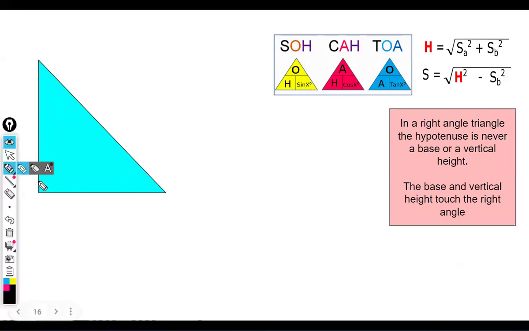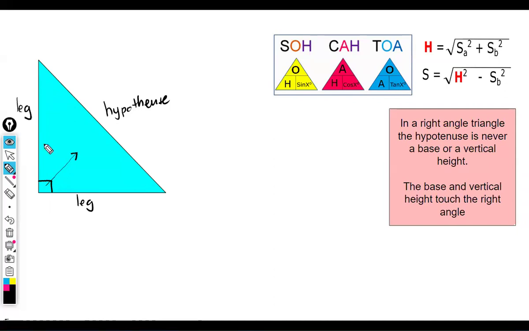When you have a right angle triangle, that's a triangle with a right angle. Remember the side opposite the right angle is called your hypotenuse. And the hypotenuse is never a base or a height. The two other sides are just called legs.